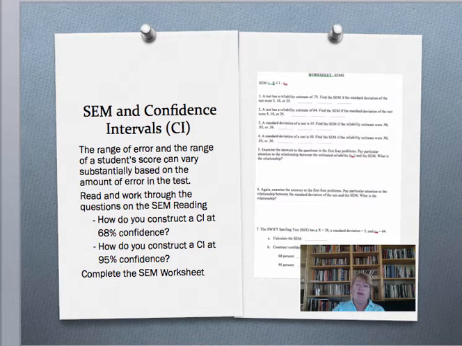based on the notion that 68% confidence is using the standard error of measurement and adding it to the obtained score and subtracting it from the obtained score one time.